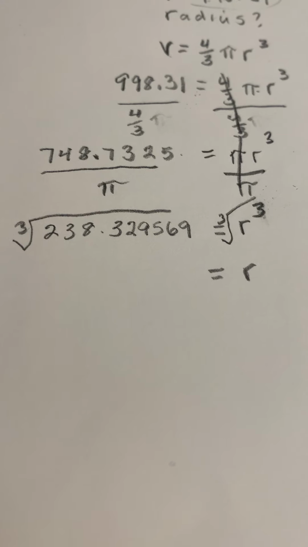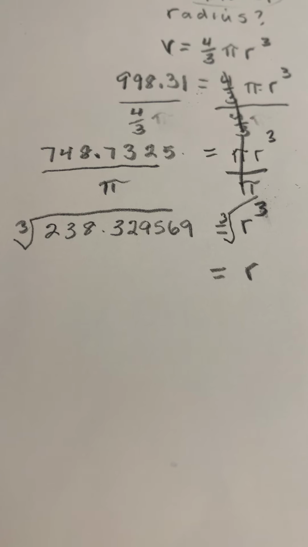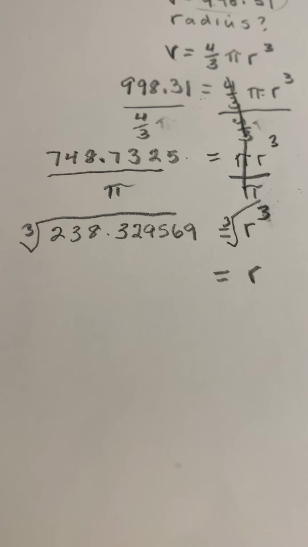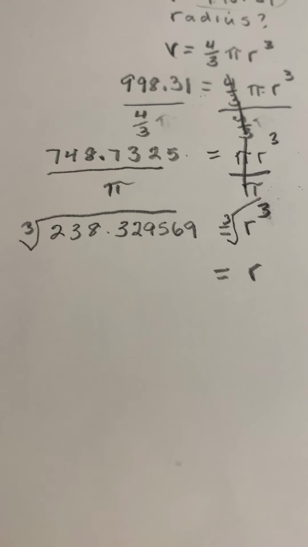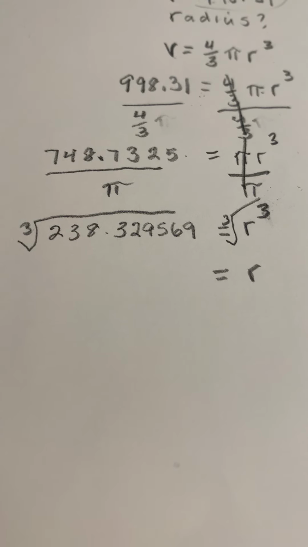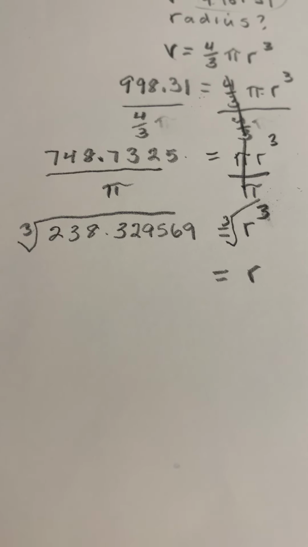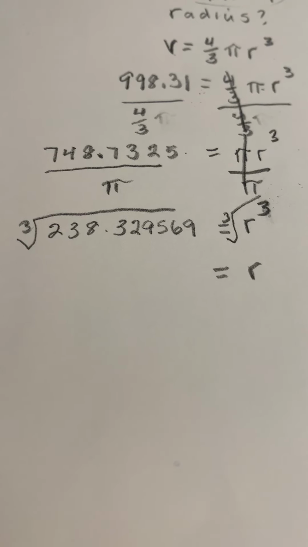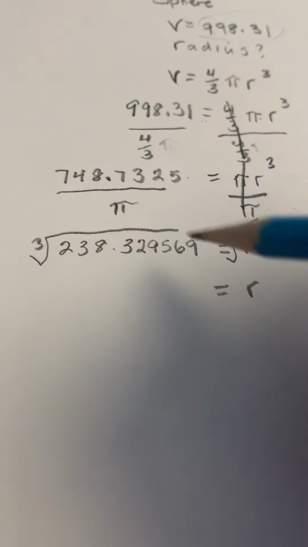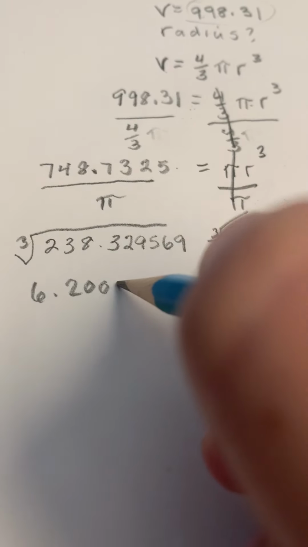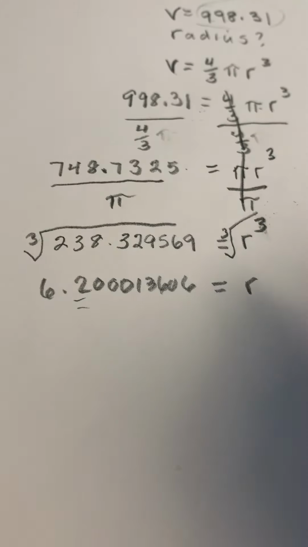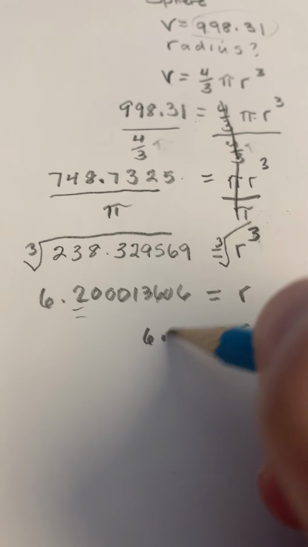If you're using another calculator because you left it at school or you just don't have it handy, you can actually download the TI-30XA. And this gives us 6.200013606. And if it said round to the nearest tenth, then my radius would be 6.2.